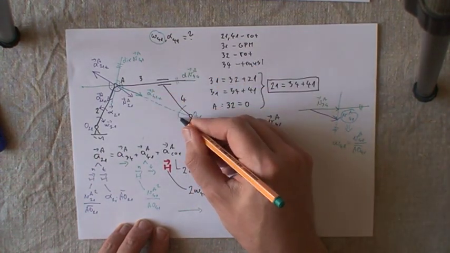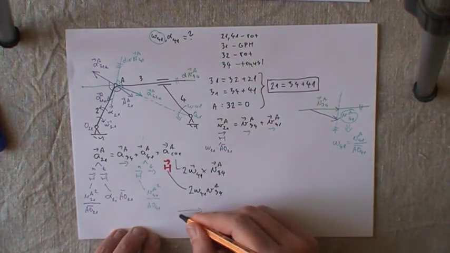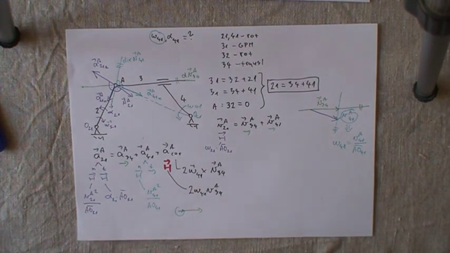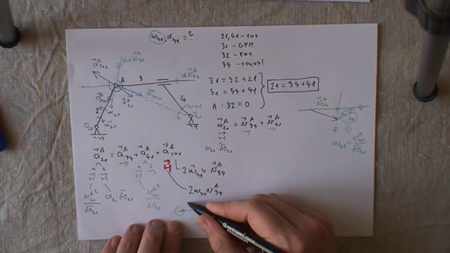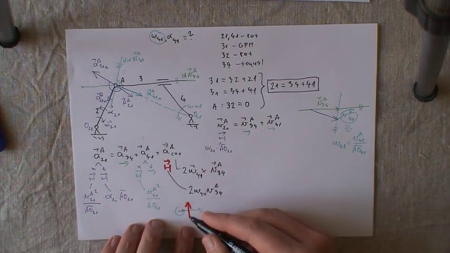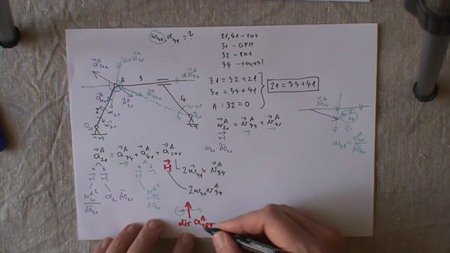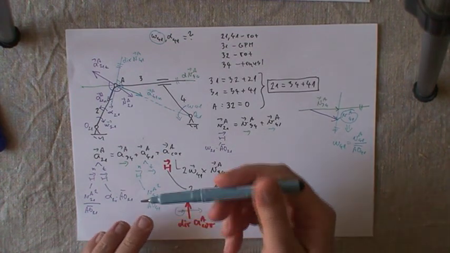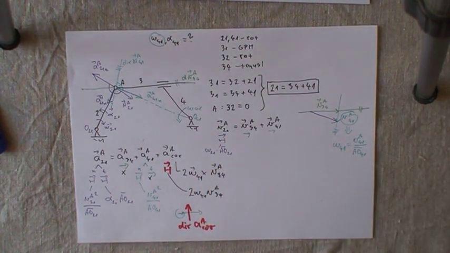Okay, so this will be omega 4,1. So we will have to turn VA34, VA relative, 90 degrees. So this will be the direction of AA Coriolis. And now we have everything we needed, right? Because we have two unknowns, so we can solve it.